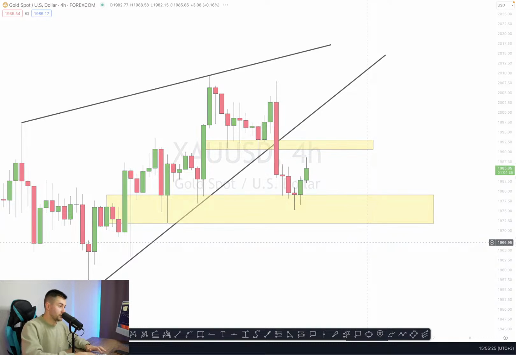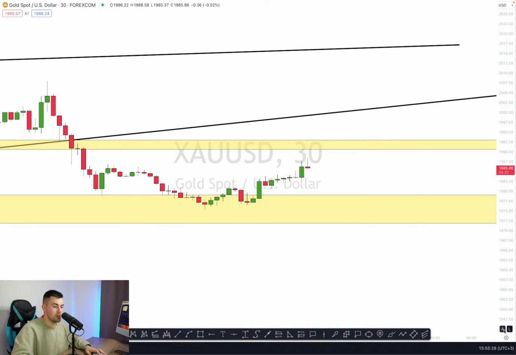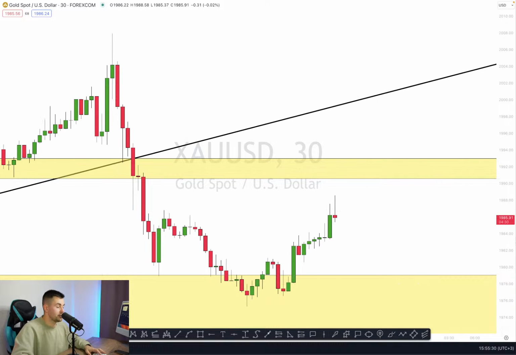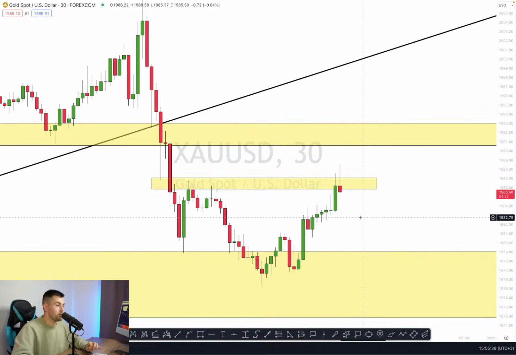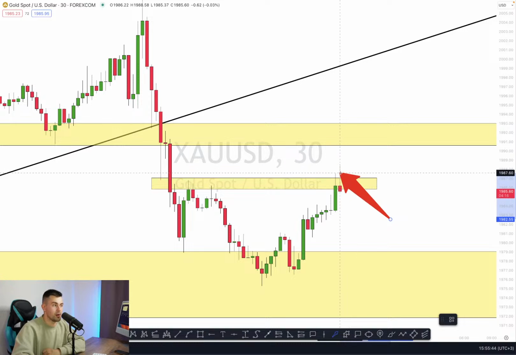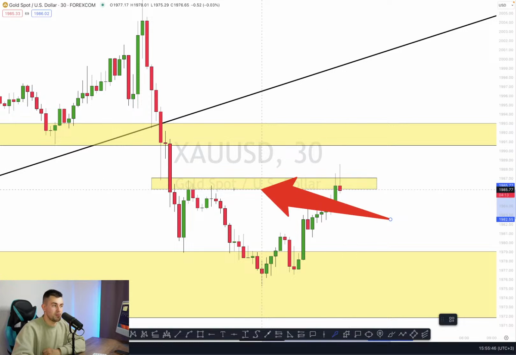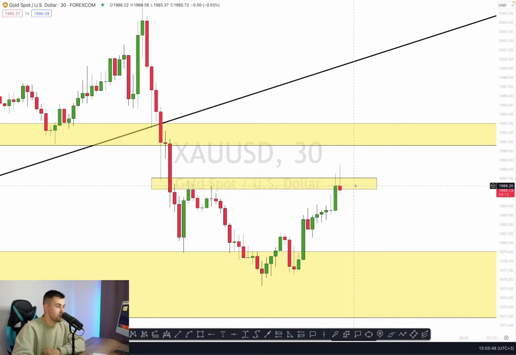So 30 minutes, if we have any clues on 30 minutes. On 30 minutes time frame, we actually can spot one more structure. We have minor resistance right here that the market is currently approaching, and you can see that even though we got the breakout attempt of that structure so far, that structure is perfectly respected.